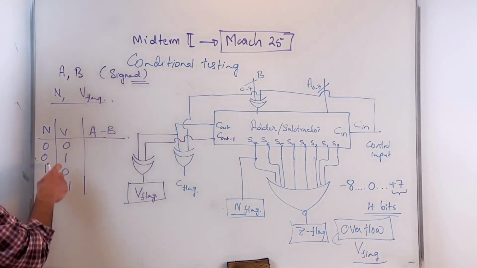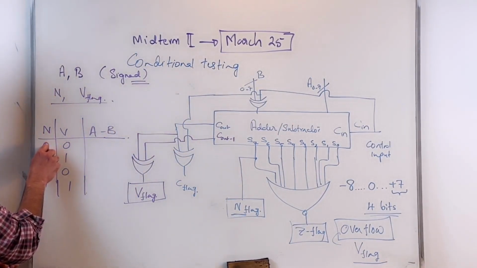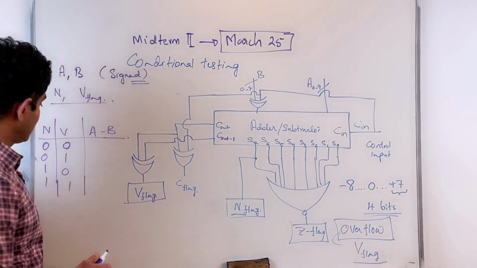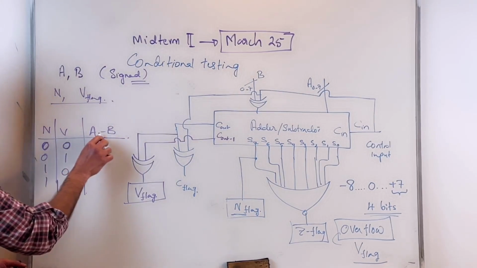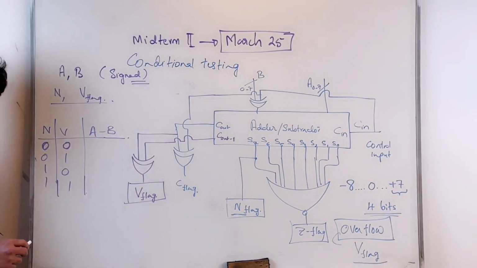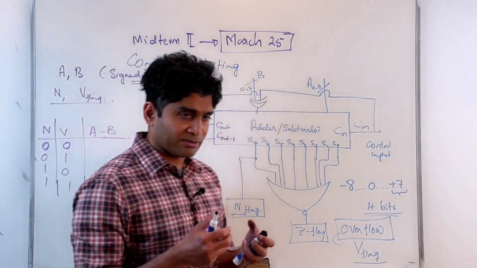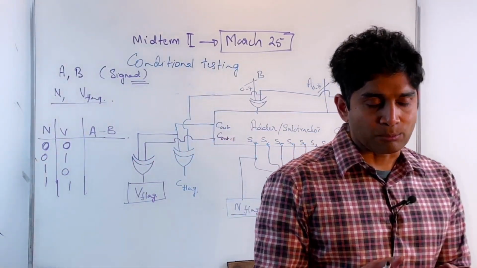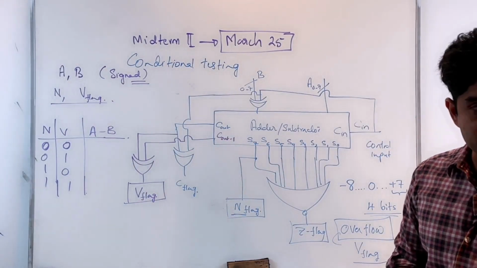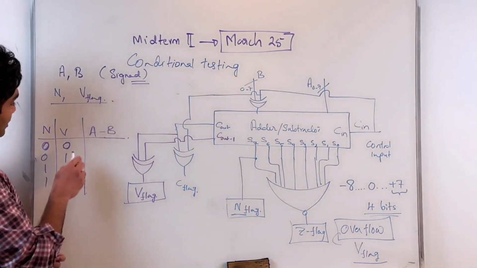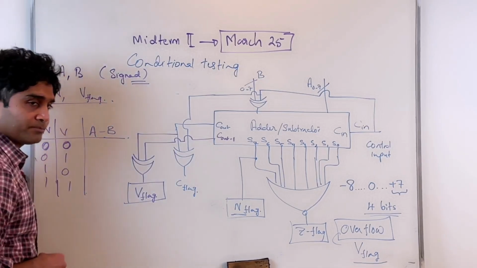Now let's say the N flag is 0 and the V flag is 0. What does that indicate? The N flag is 0. That means when I perform this A minus B operation, the most significant bit of the answer is 0, so the answer is positive. The V flag is 0.